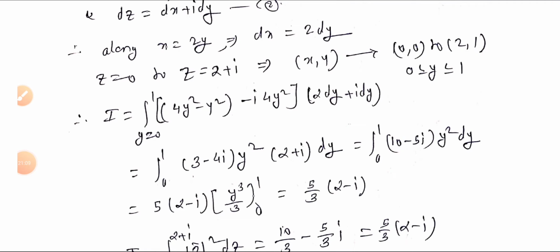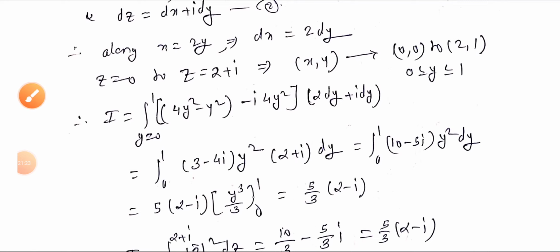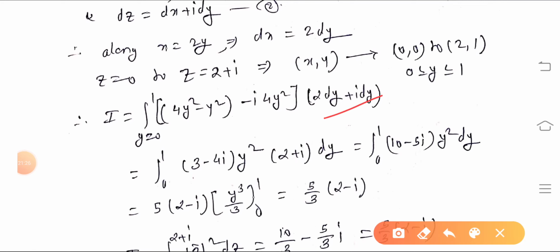By simplification we get the integral from 0 to 1 of 3 minus 4i, y square, into the bracket 2 plus i dy. Taking the 2y dy term outside, again it is the integral from 0 to 1 of 10 minus 5i, y square dy.